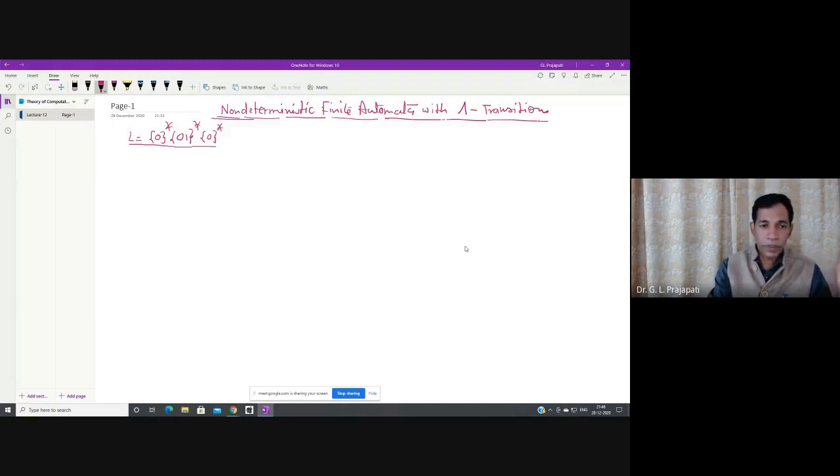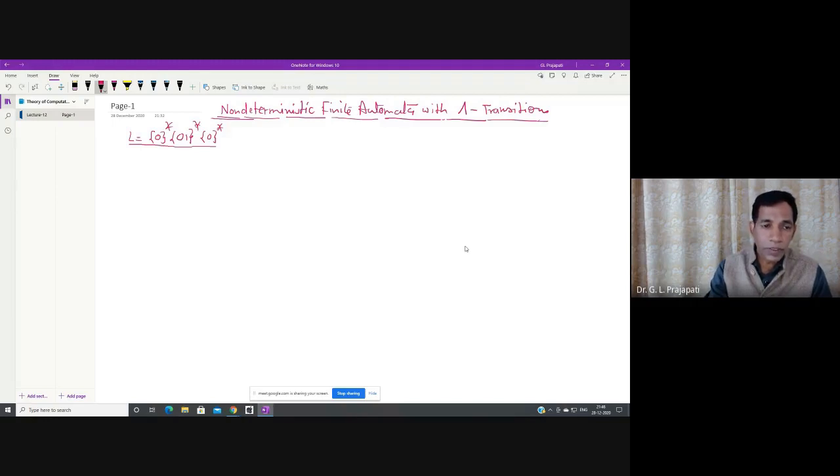So one way to construct the machine is like this. What is the intuition of this language? You have 0 clean star, means any number of zeros, maybe null also, and 01 clean star, this can also be null, or 0101 you can repeat, then 0 clean star.